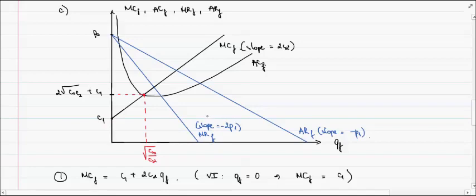Alright, so indicate on the diagram the profit maximizing output, the price and the profit. The profit maximizing output is where the marginal revenue equals the marginal cost. So I've got the marginal cost line here, and marginal revenue here. So this point over here is going to be the profit maximizing point.